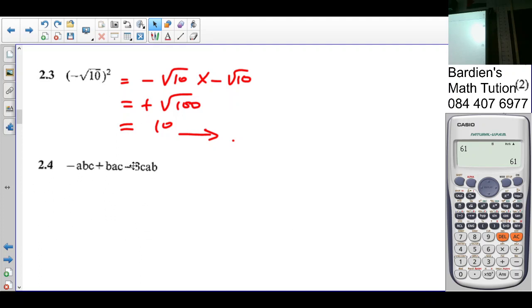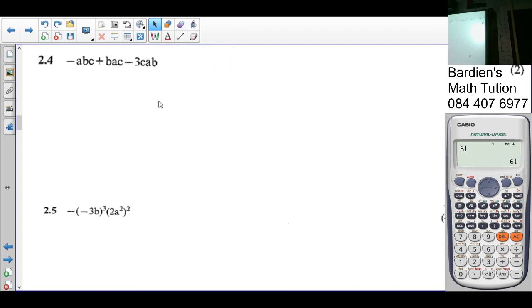2.4. Minus ABC plus BAC minus 3CAB. Are they all like or unlike terms? Like. Why? Because ABC, CBA and BAC are all the same thing.